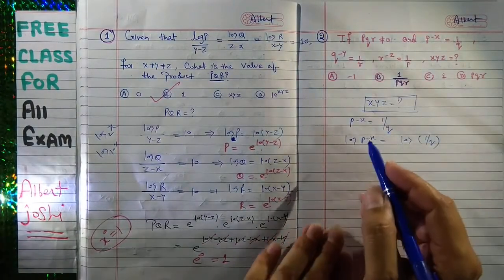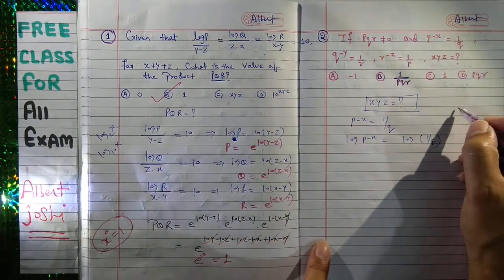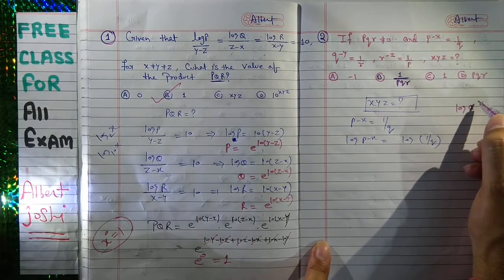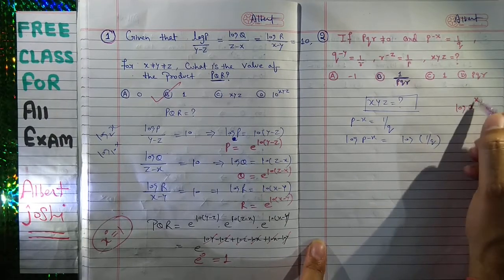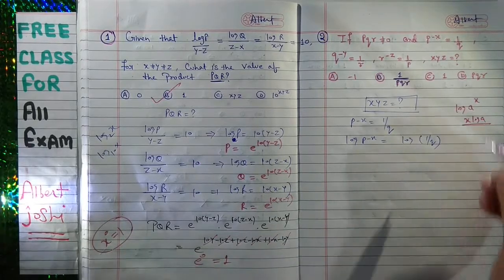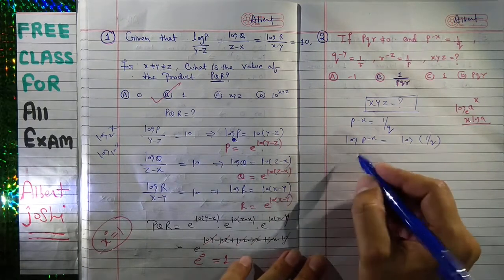Now we have discussed that log a to the power x is equal to x log a. The base is e, no problem, you can write any base. So in this condition your x will come here.